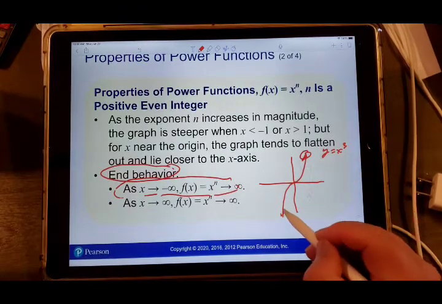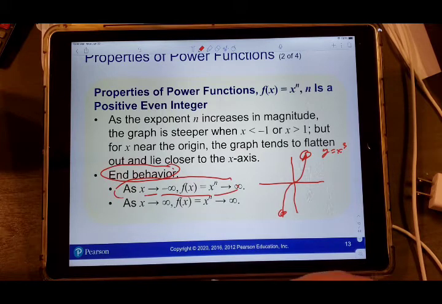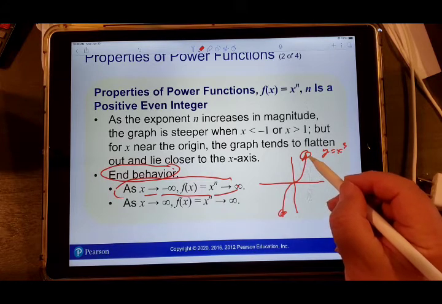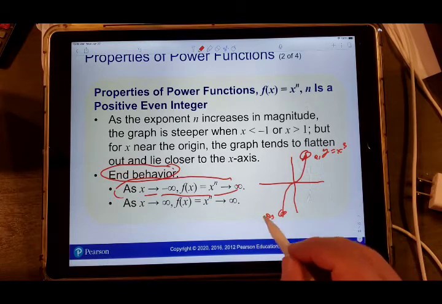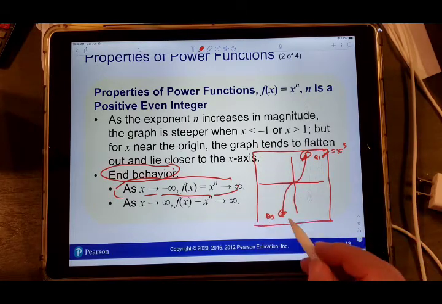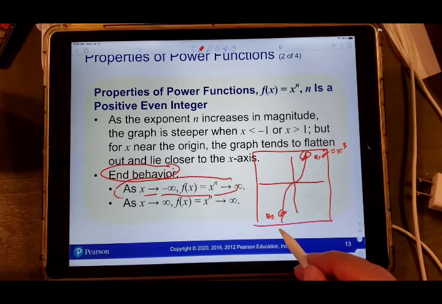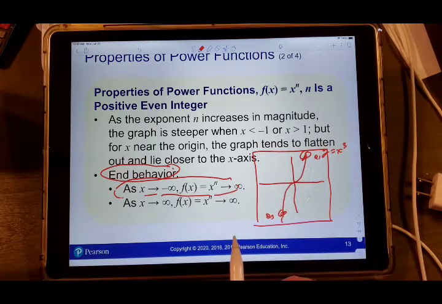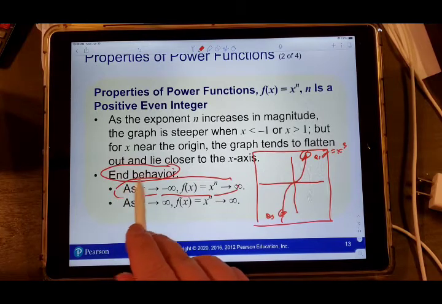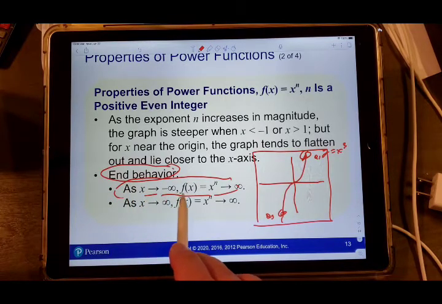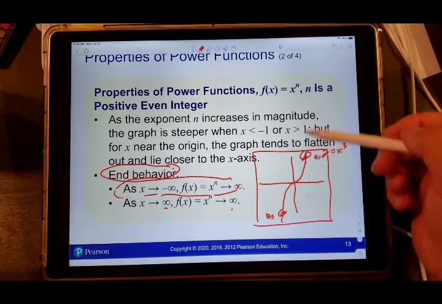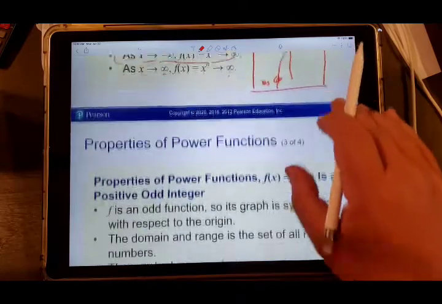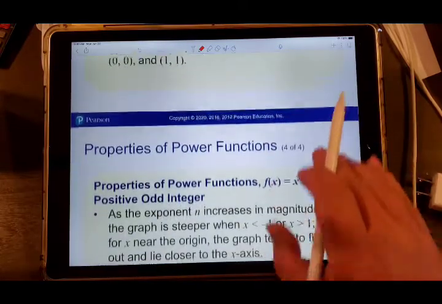And these little arrows right here are kind of a nod to what comes in calculus, and that is you need to know how the graph leaves the box. It leaves the box in quadrant 1, it leaves the box in quadrant 3, and calculus is just as interested in how the graph leaves the box as how it appears inside the box. That's what end behavior, and that's what all these arrows and this infinity is talking about. Like, what happens at infinity? What happens when it leaves the box? And what happens indeed?